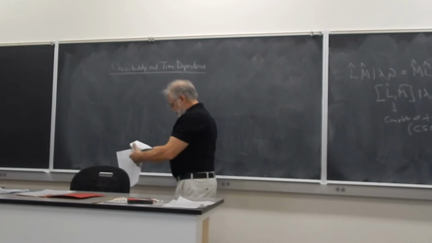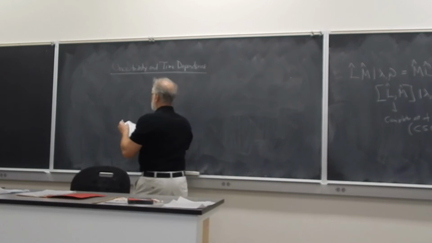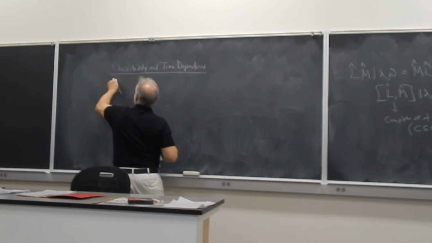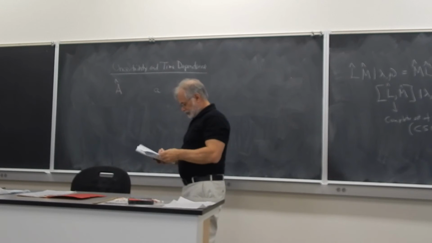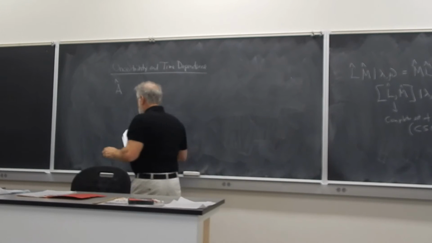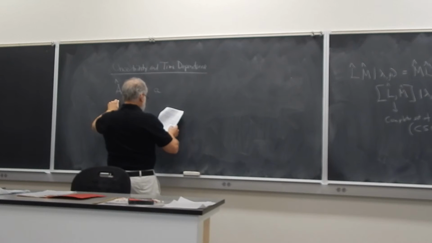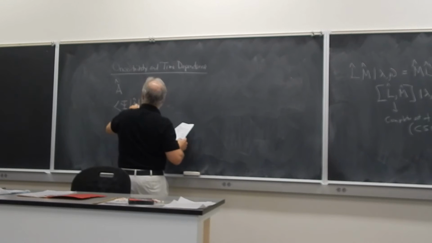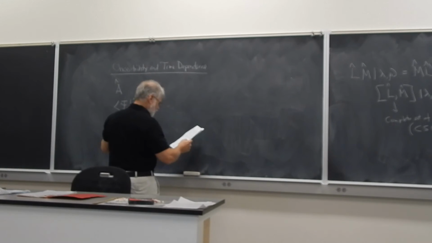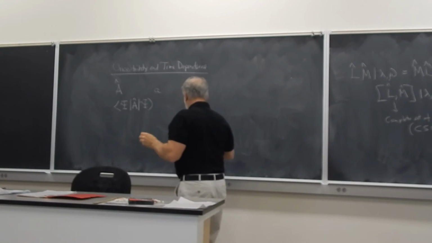Suppose I have some observable A, and I call its eigenvalues little a. If I take the expectation value of operator A, of course, this is what we think of as just an ordinary average.